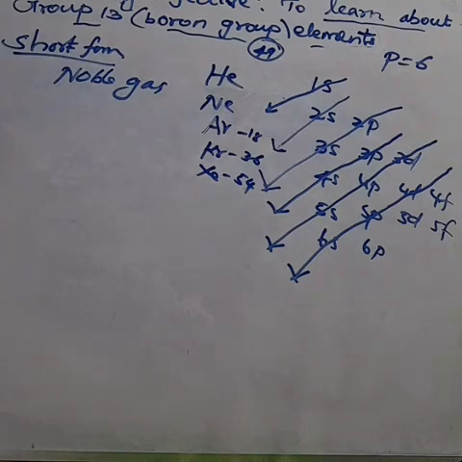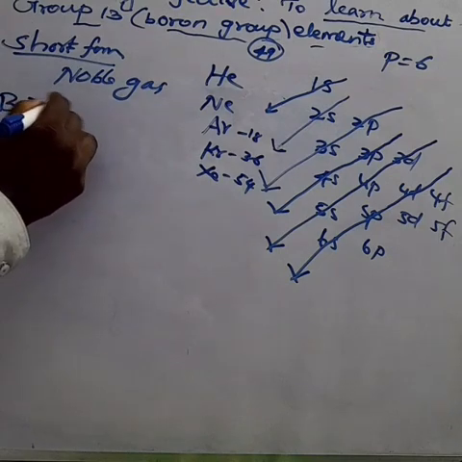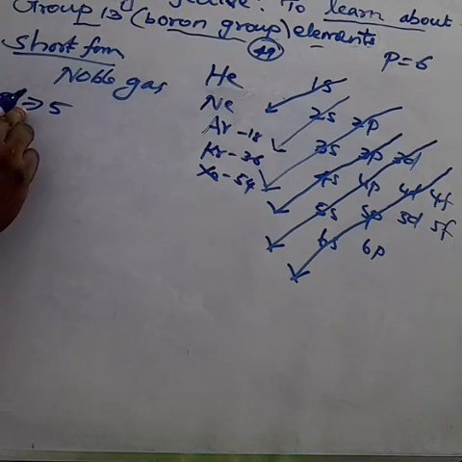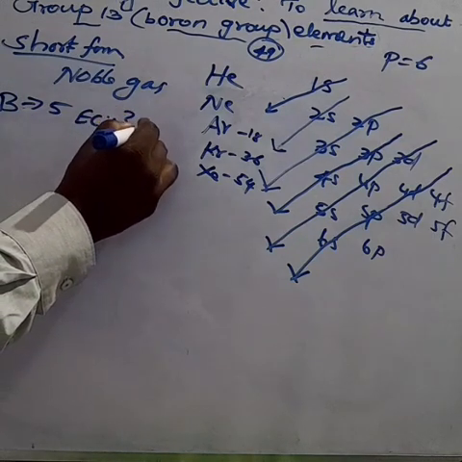So you have to take the short form. How can you write the short form of the electronic configuration? First, I have to write boron. What is the atomic number of boron? It is equal to 5. How will you write it? EC is equal to 1s2, 2s2, 2p1.